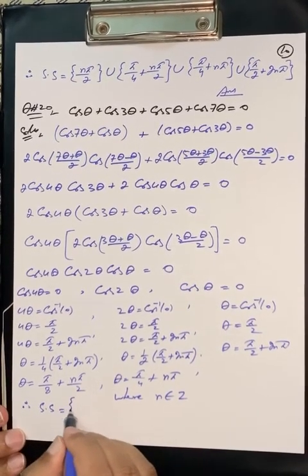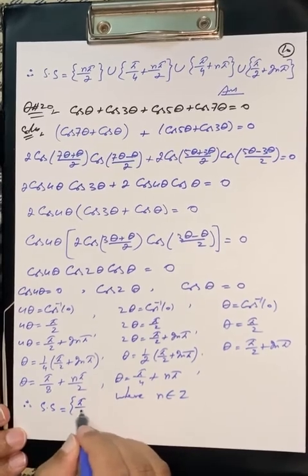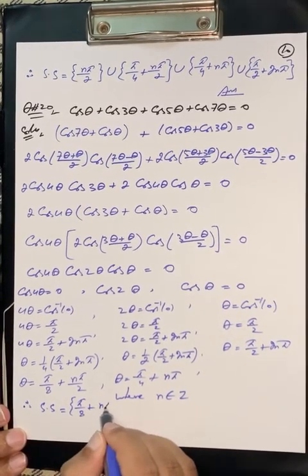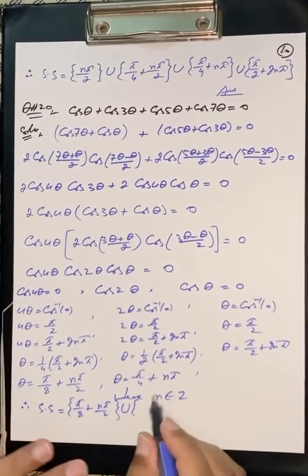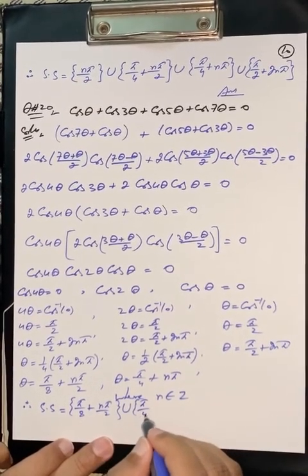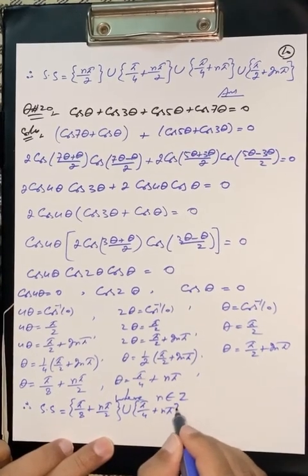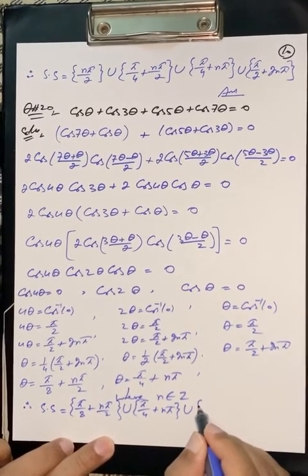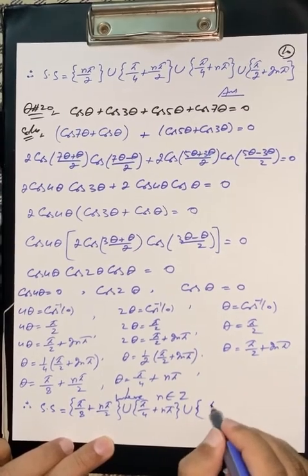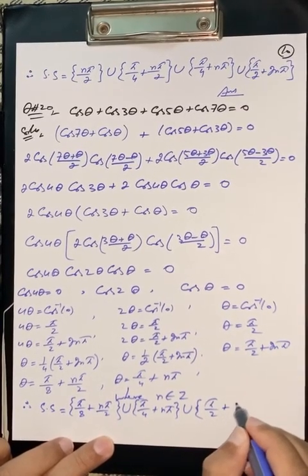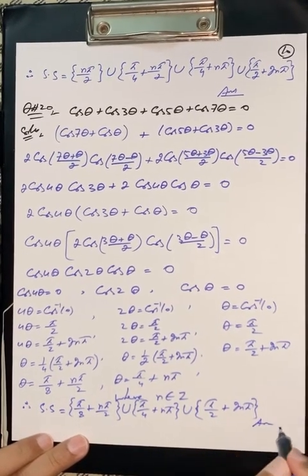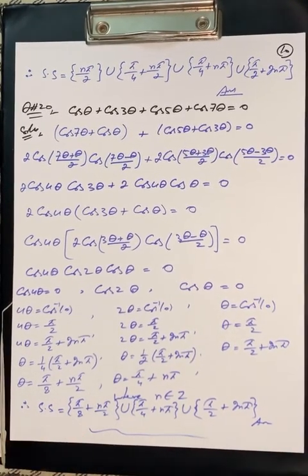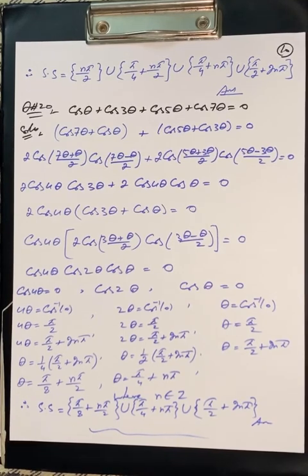First solution, that is pi by 8 plus n pi by 2, union. Second solution, pi by 4 plus n pi, union, and the last solution we have is pi by 2 plus 2n pi. That is the end of question number 20 and chapter number 14. Hope you understand all the questions well.